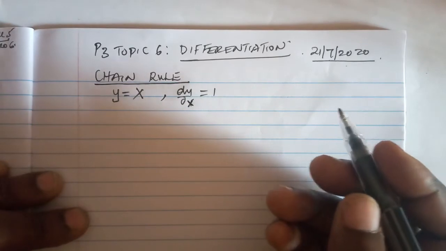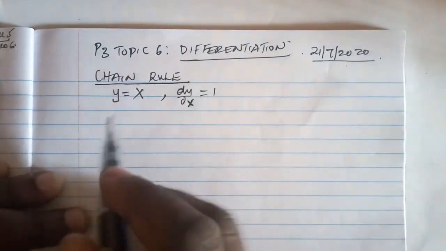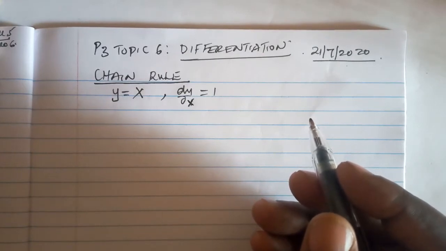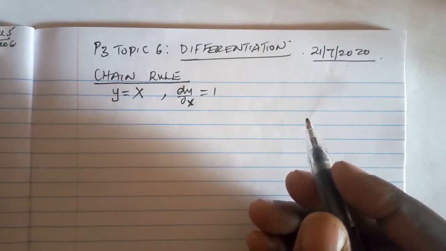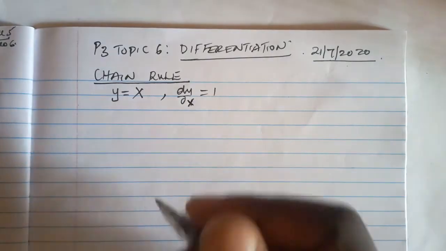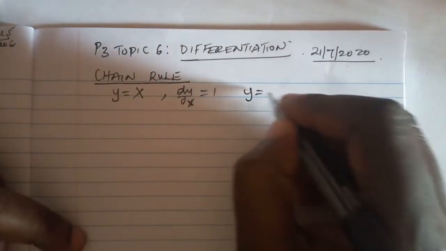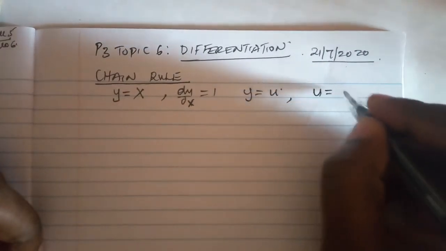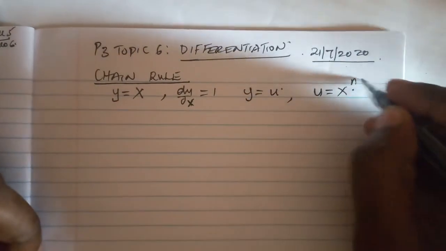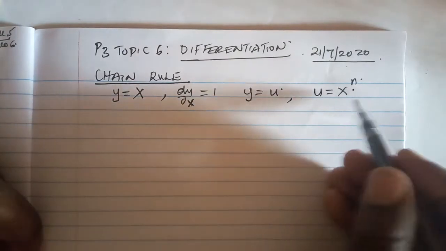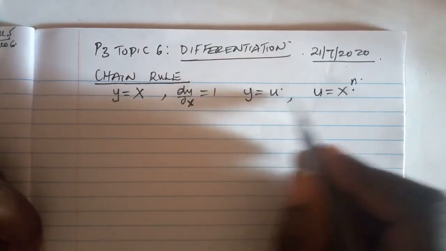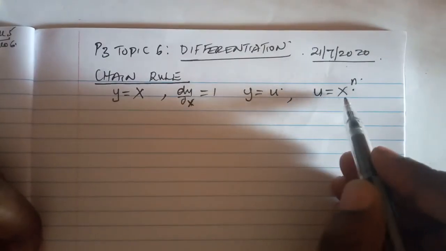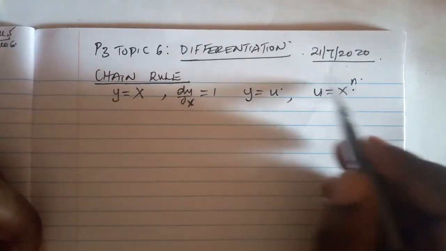But sometimes you will not find functions in this format. You will find some functions where y is a function of, let's say, u, and u is a function of x, or x raised to some power, in a different arrangement.